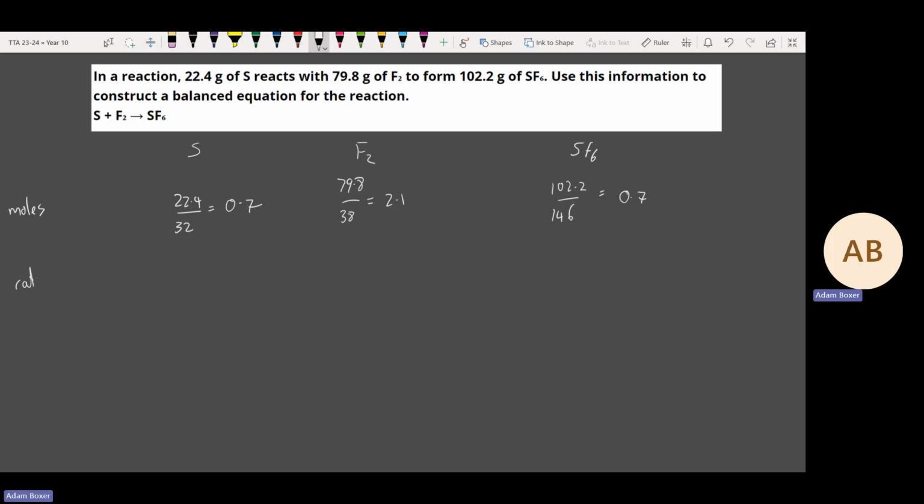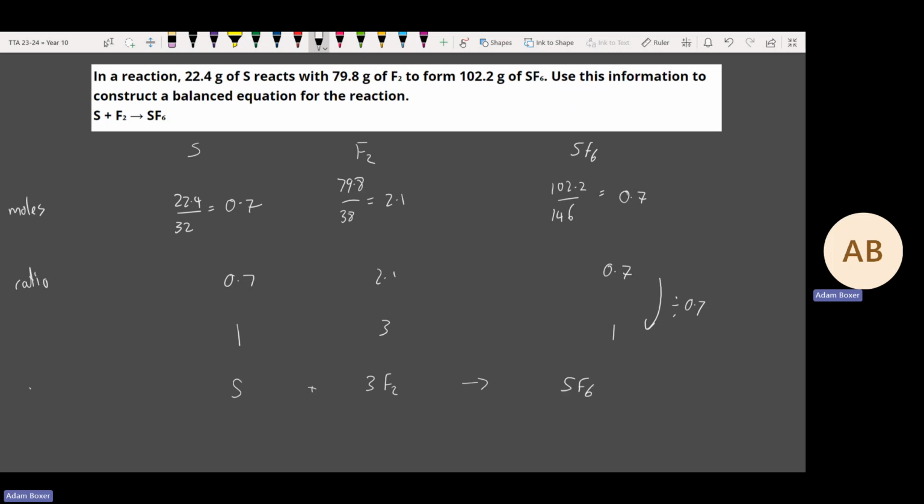So I next need to do my ratio, which is 0.7, 2.1, 0.7. I divide by 0.7, 1, 1, 3. I'm going to write it as S plus 3F2 forms 1 SF6.